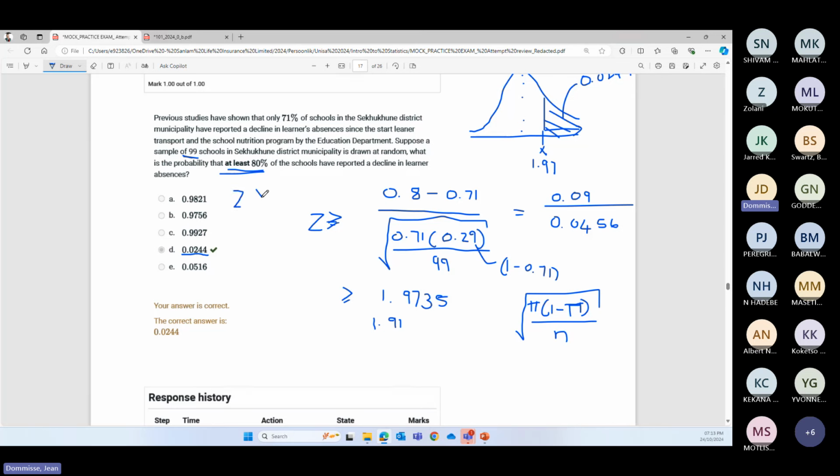I think that will help in this one. So remember, when we look at proportion, the proportion formula is this.